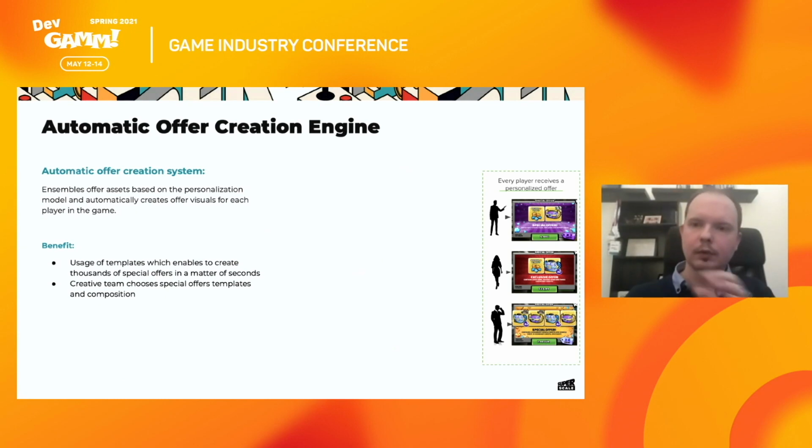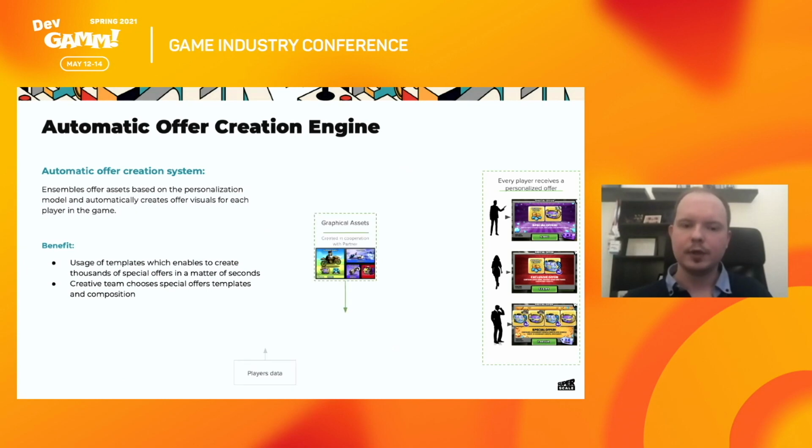So we know what we want to do. We want to have a different offer for each segment that actually makes sense and increases RPU without negative things, meaning spamming of offers or higher discounts overall. Those are not going to be there. So we start with the player data and the graphical assets.